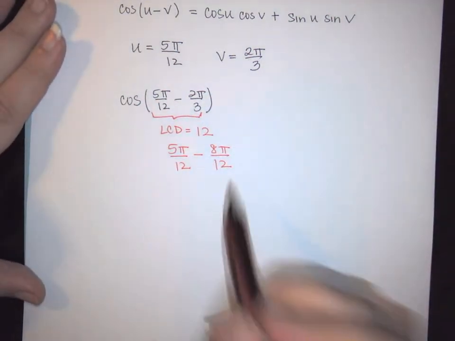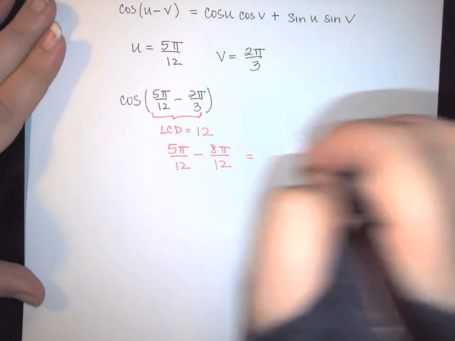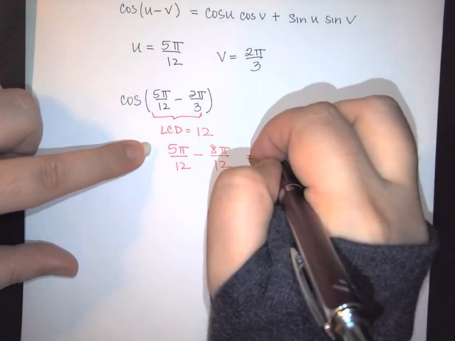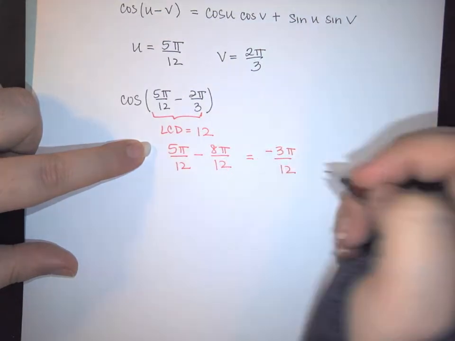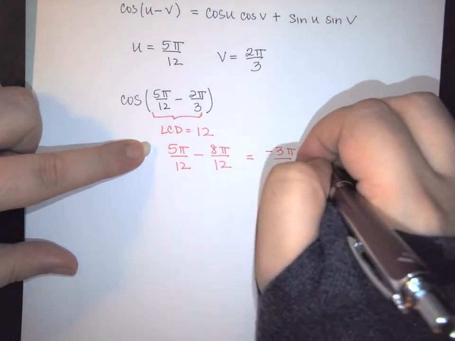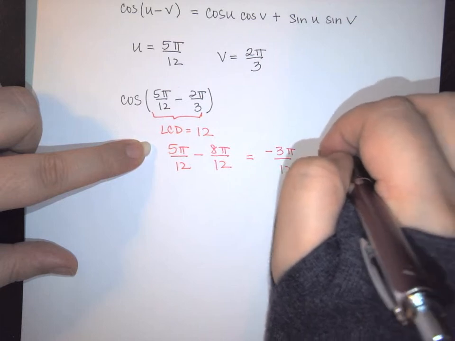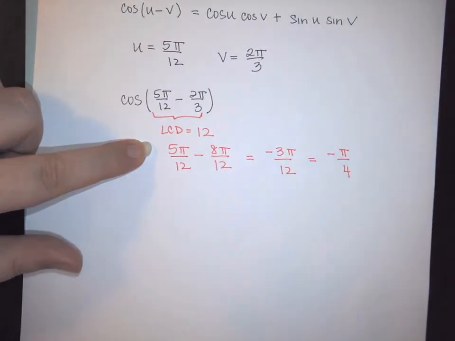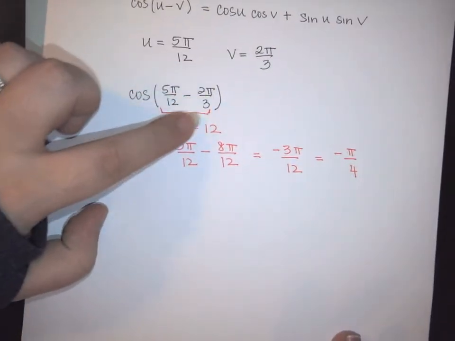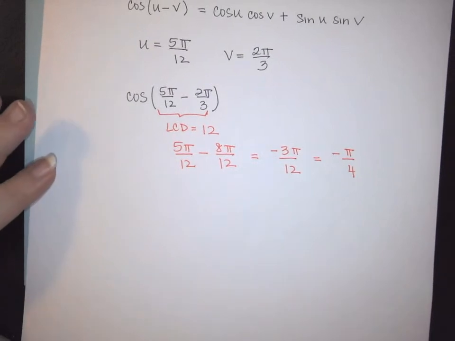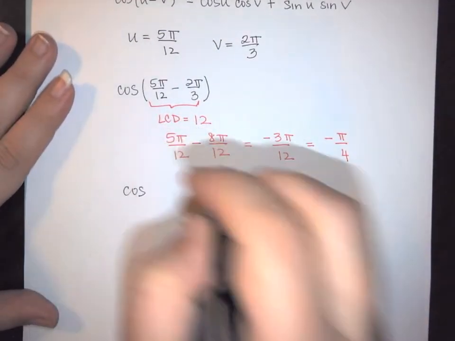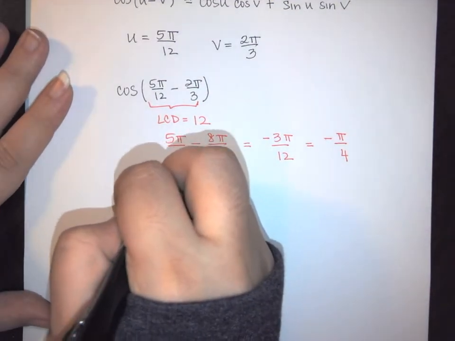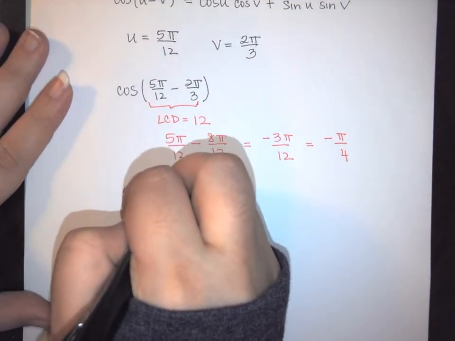And so here, this is going to reduce down. 5 minus 8 is going to give me a negative 3 pi over 12, which again can reduce further, which is going to give me negative pi over 4. So you had to do a little bit of internal math in order to keep going. So what we have here is the cosine of negative pi over 4.